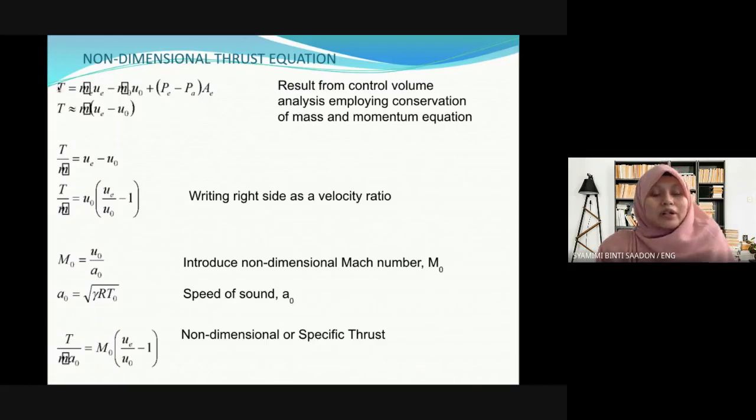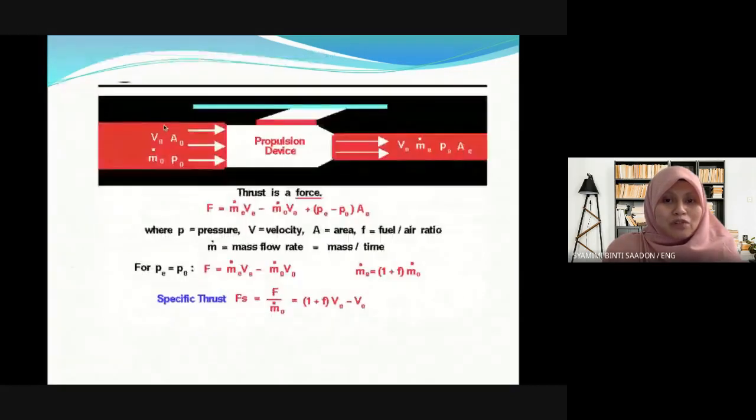The first equation is the thrust force equation from just now, where U is the velocity and we have the mass flow rate. Excuse me for this, because when I transferred the equation to PowerPoint, it didn't detect it. So we have the same thrust equation here, resulting from the control volume just now.